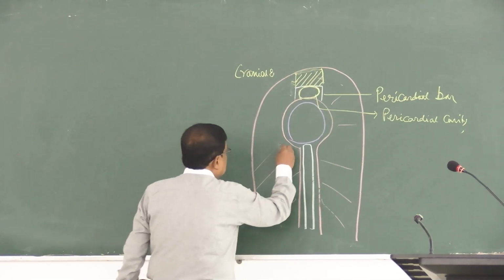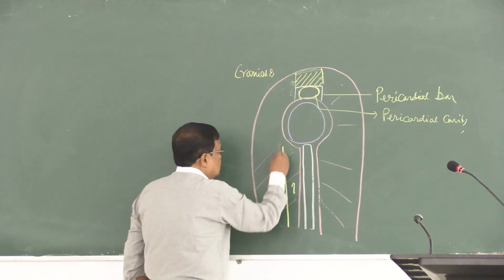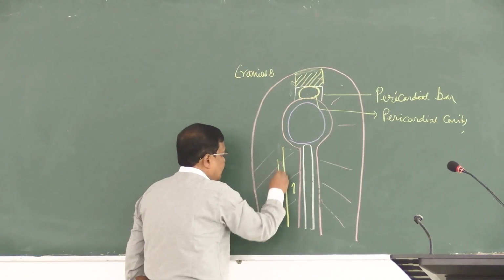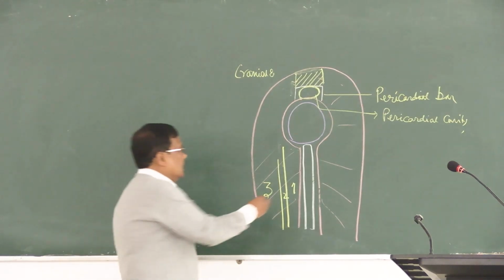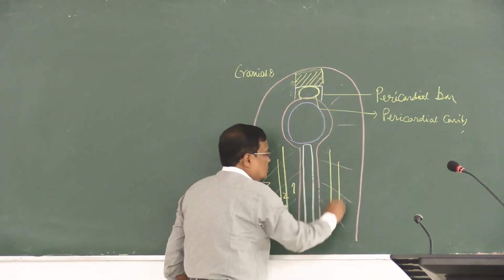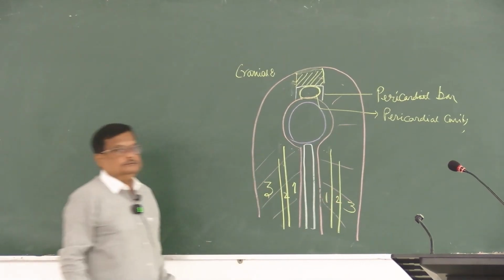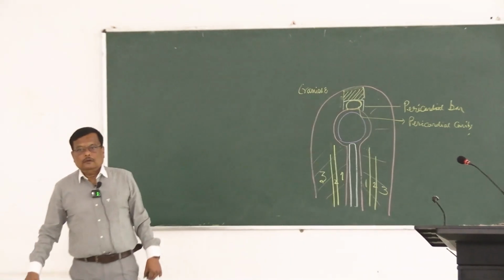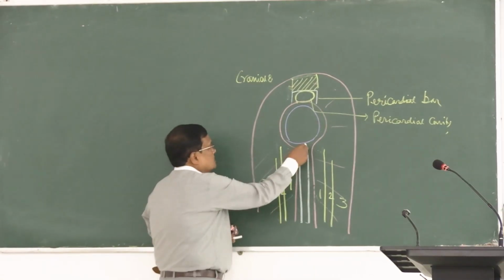Number 1, number 2, and on this side also 1, 2, 3. Notochord is the axis.